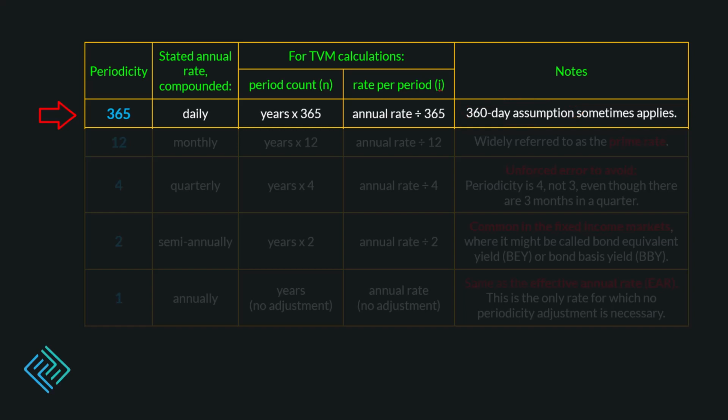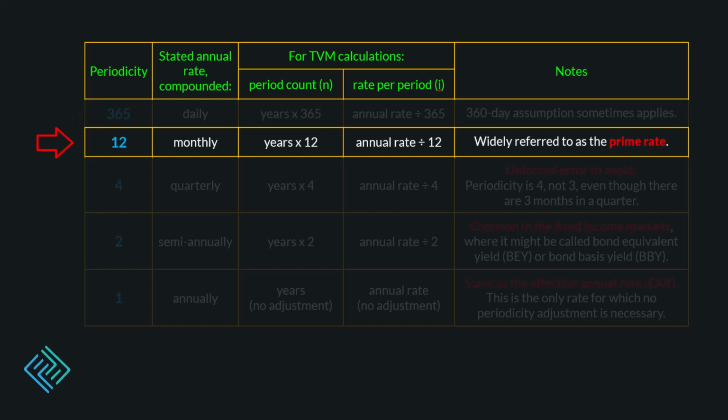N for your TVM calculations would be the number of years times 365, so it would be a rather large number. The discount rate would need to be a per day rate calculated as the annual rate divided by 365. Here we would have a rather small number.